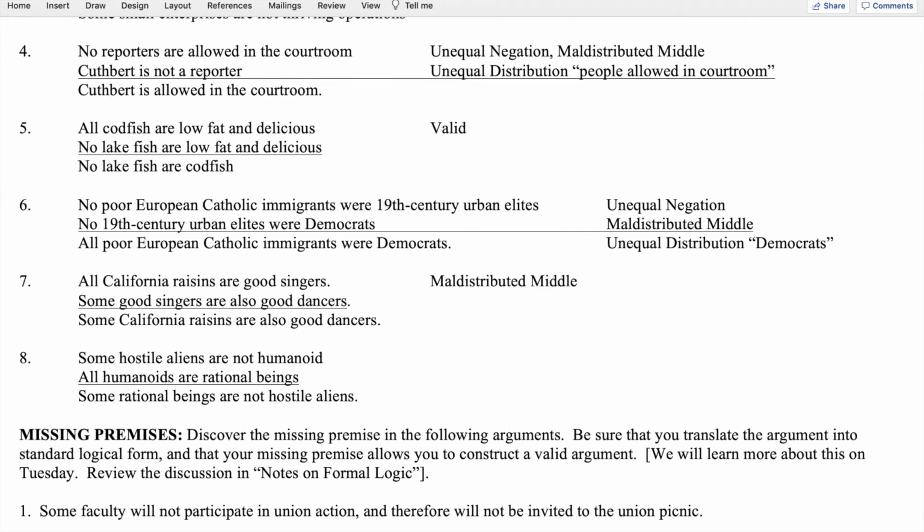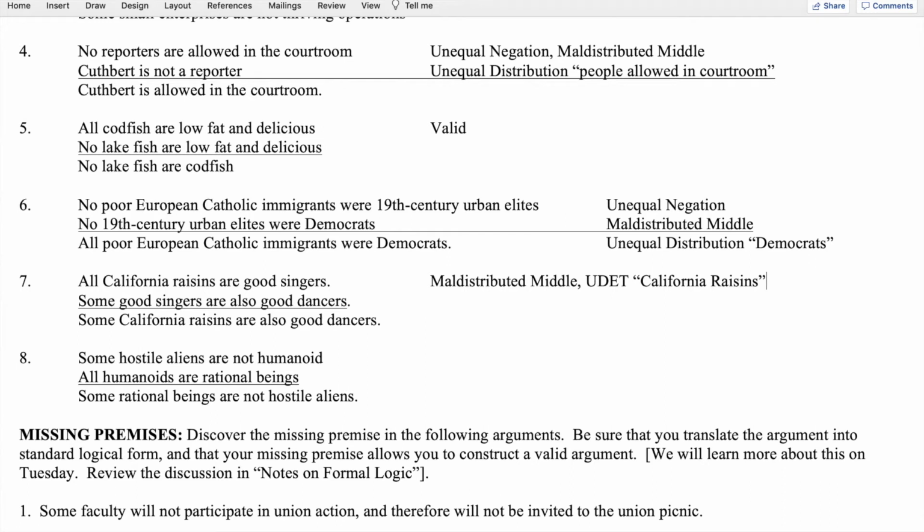Then we can look at the end term California Raisins. California Raisins is not distributed in the conclusion because it's subject of a particular, but it is distributed in the first premise because it's subject of a universal. So that's unequal distribution of the end term, which I'll abbreviate here as UDET, but unequal distribution of the end term California Raisins.